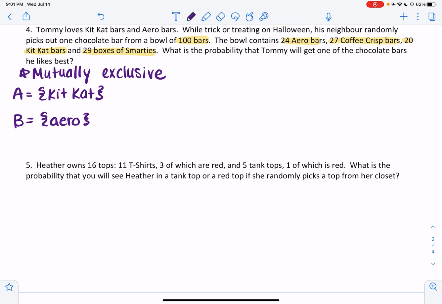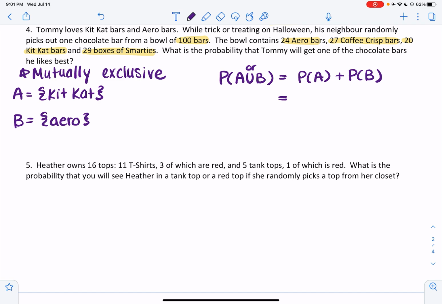Now, because these are mutually exclusive, to find the probability of Tommy getting a Kit Kat or an Aero bar, we can just add them. Again, because we cannot simultaneously have a Kit Kat and an Aero bar if I only picked one chocolate.